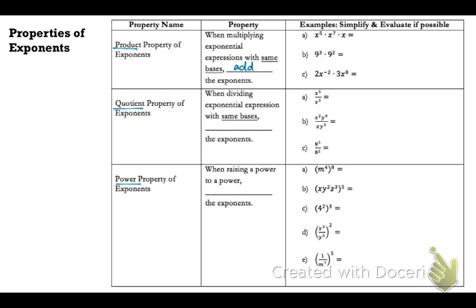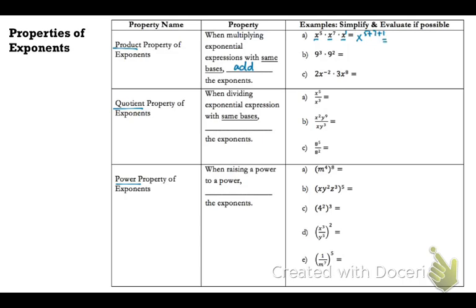So let's look at the examples. On A, notice we have x to the 5th times x to the 7th times x. Now this is just an understood first power, but let's go ahead and write that in. So notice the bases are the same. Then in that case, we can simply add the exponents, x to the 5 plus 7 plus 1.